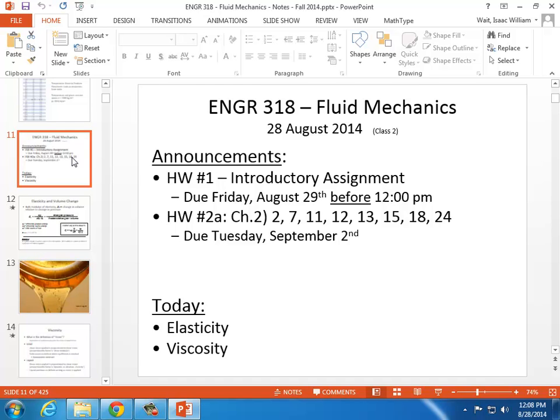You've got homework assignment 2A due at the beginning of class on Tuesday, and also the lab assignment is due in lab on Tuesday. And so that separate packet where you're supposed to take a look at the lab report, analyze it according to the rubric, and then the second part of the lab assignment is to identify some potential safety risks and what you can do to avoid them.